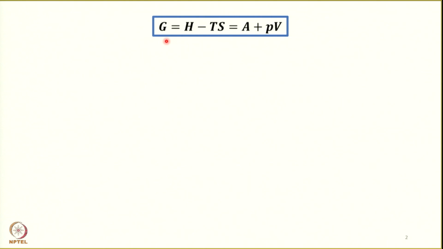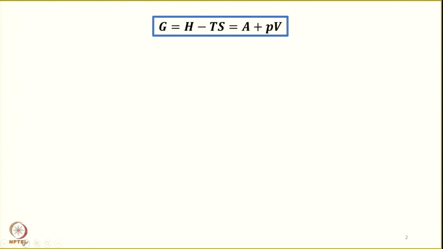If someone asks you a question, what is Gibbs energy or what is Gibbs function? The straight answer is that Gibbs function or Gibbs energy is G is equal to H minus TS. As usual, this G, H or S, these are system properties.